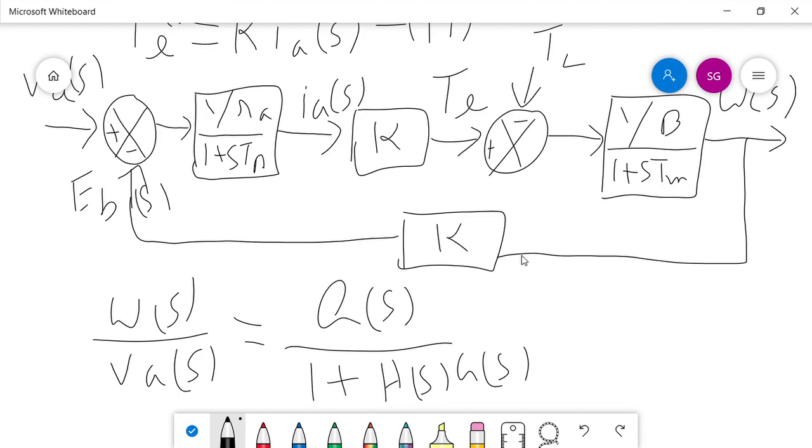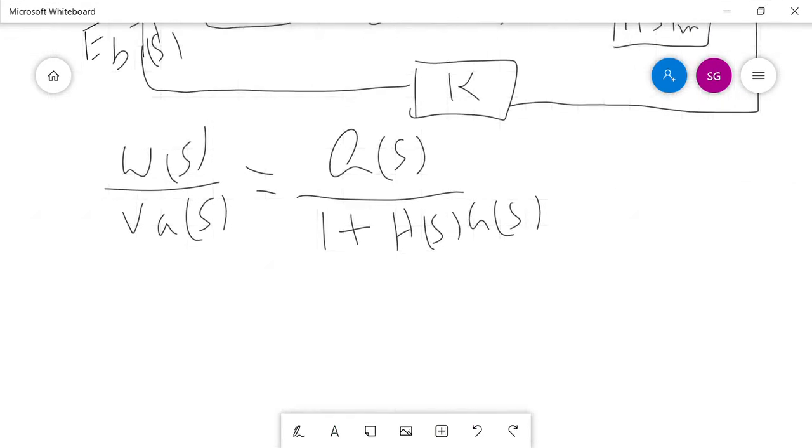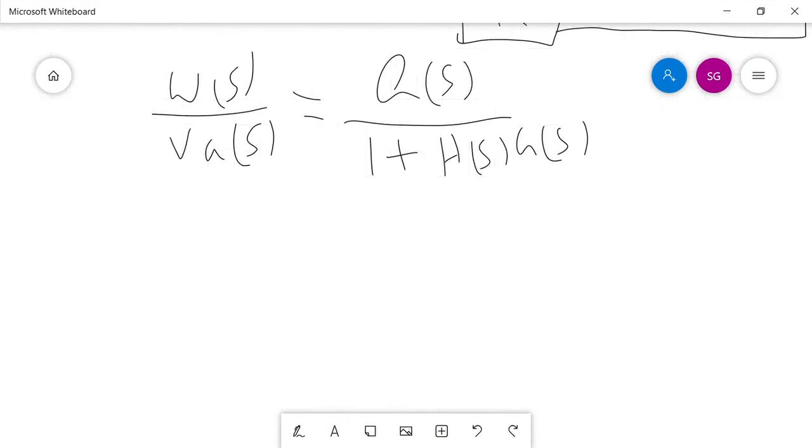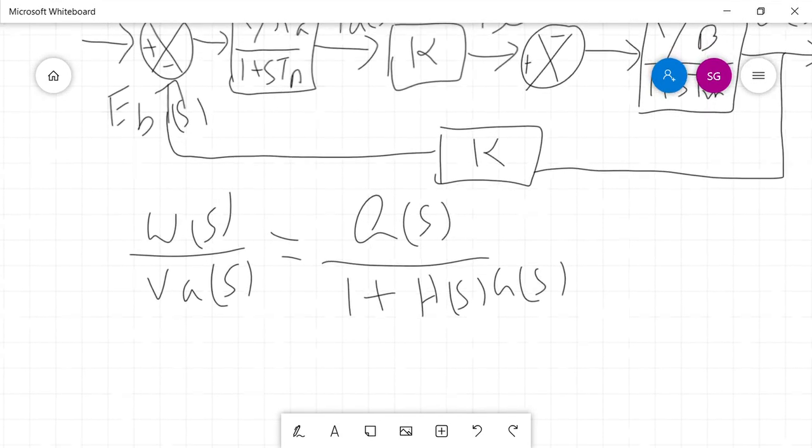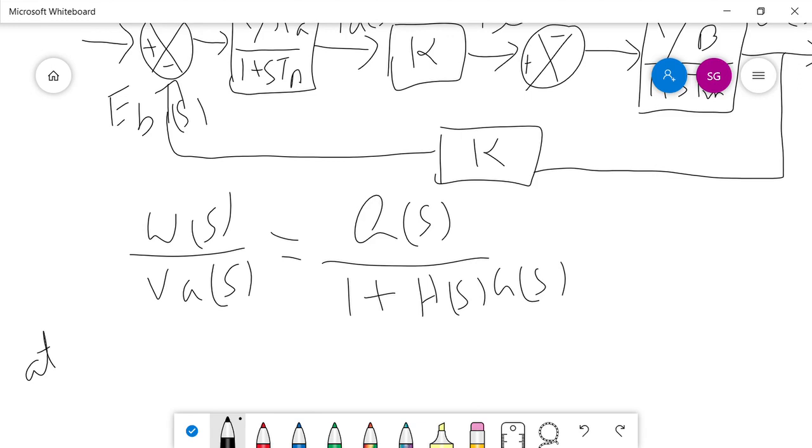So let us take TLS to be 0. At TL equal to 0, what will this equation be?